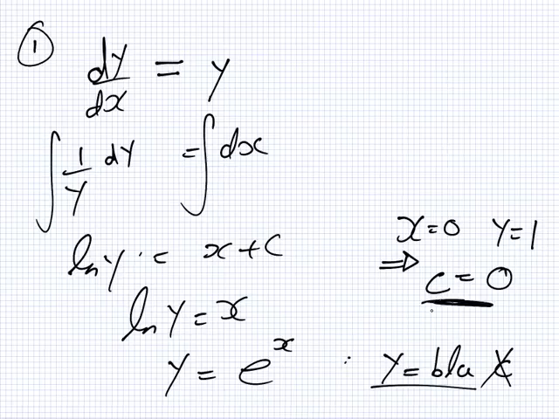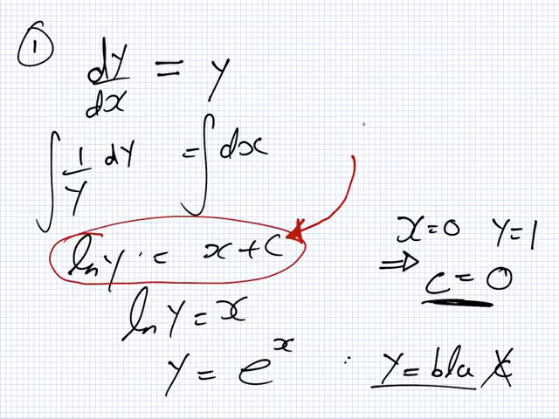Oh wait, before you go on, vocabulary time. What do we call this line with the C in it? Not the y intercept, this line has a name. This is called the general solution.